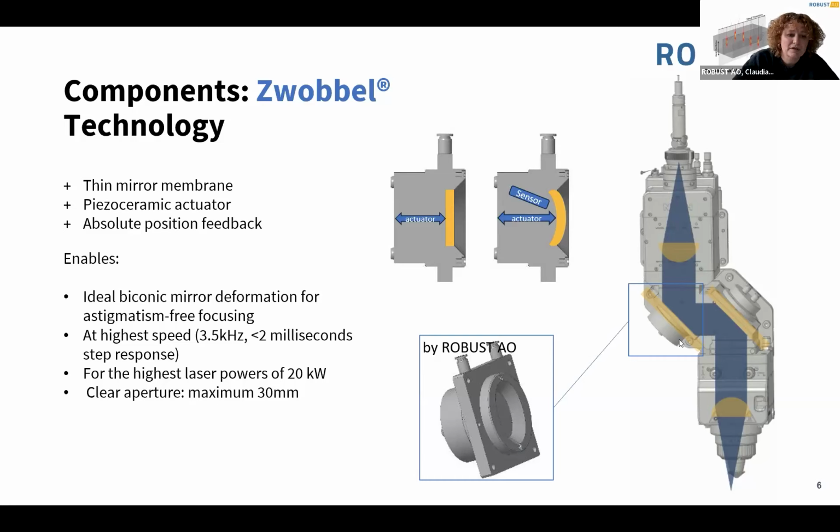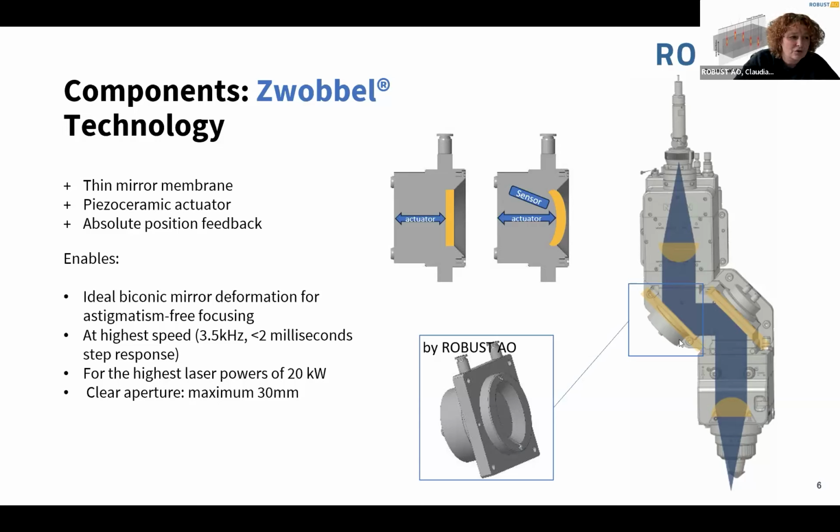And the minimal step response between minima and maxima deflection is below 2 milliseconds. So we are quite fast. This is our first USP, and the second one is that we like to work with high power lasers. So our actual limit is 20 kilowatt. That's because we were not able to test it with higher laser loads.